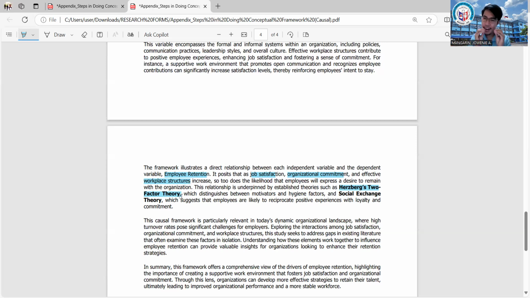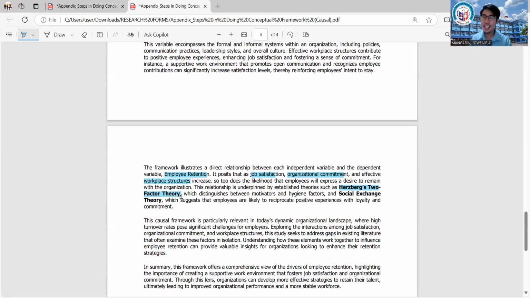Dapat yung mga key areas na meron yung theory na to ay magagamit sa mga susunod pang part or mame-mention pa sa mga susunod pang part ng research paper. O di kaya naman, this will serve as the support or the basis for the next part of your research paper. And this explanation is now being applied on the causal framework.